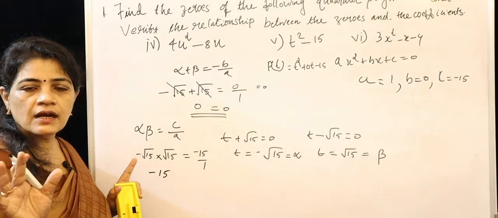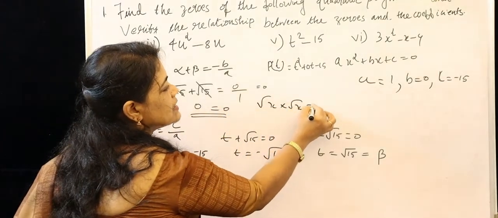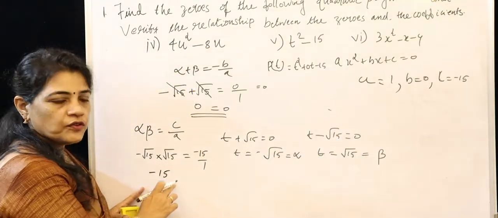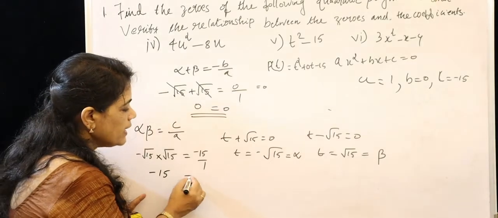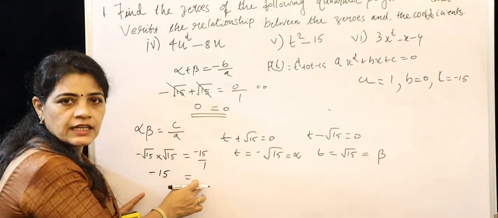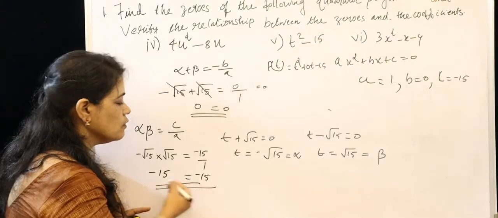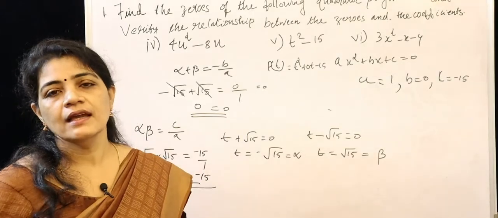Understood children? Root x into root x is x itself. So the product is minus 15, and here minus 15 by 1 is minus 15. So LHS equal to RHS, that is alpha into beta is equal to c by a. Hence verified.